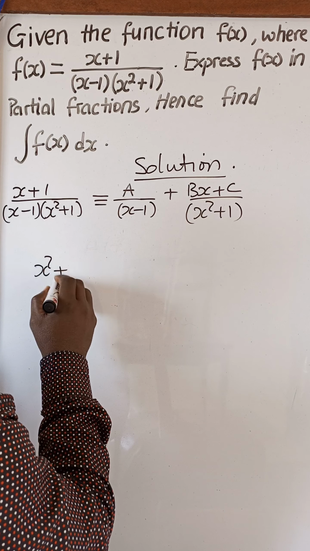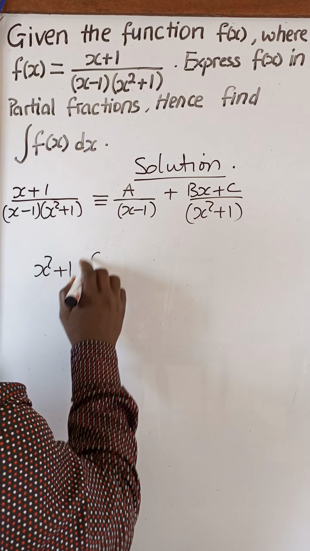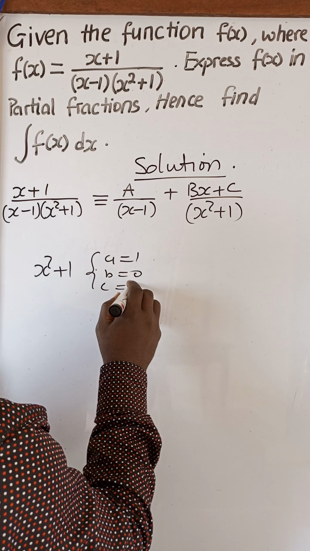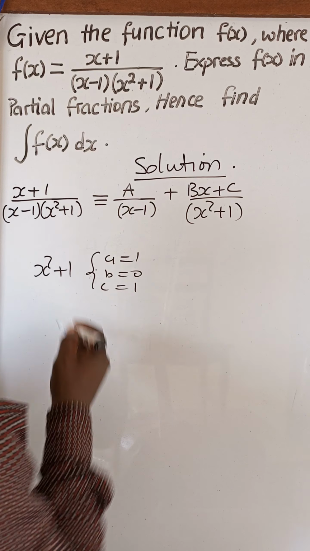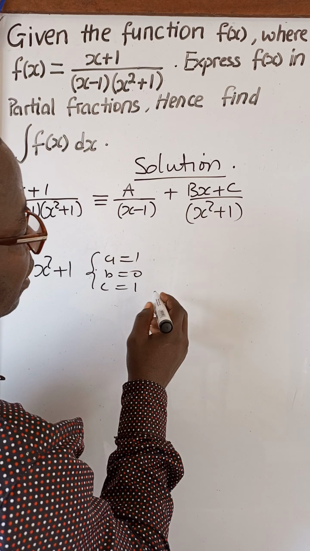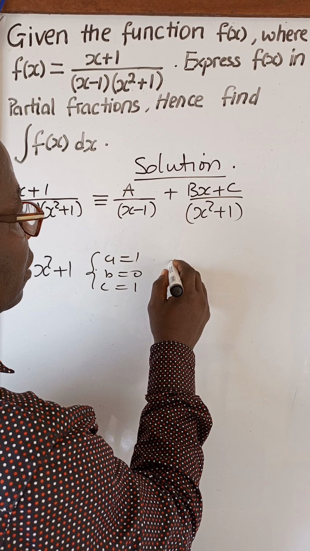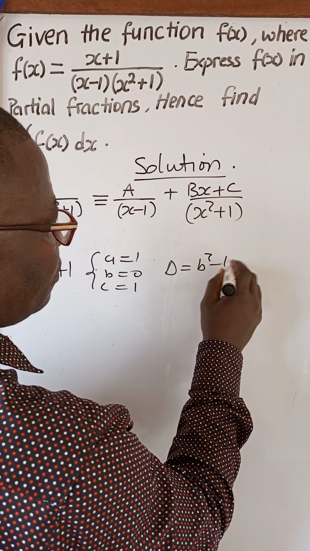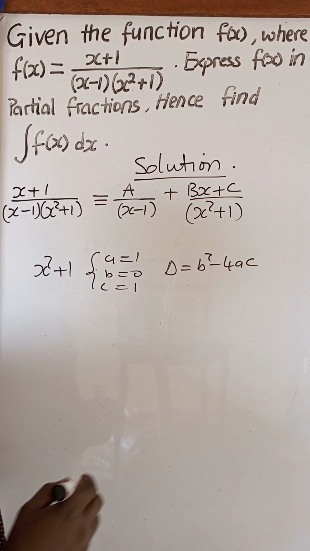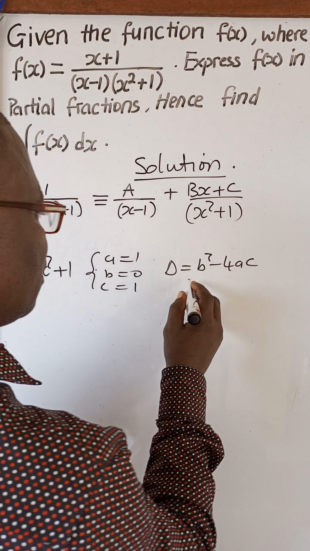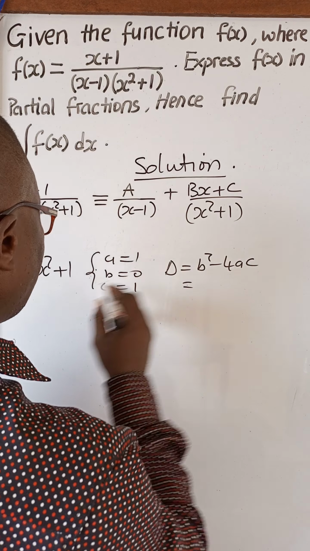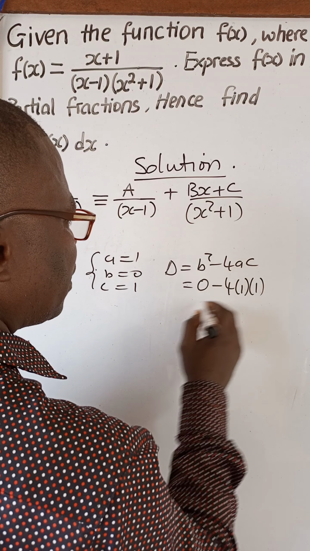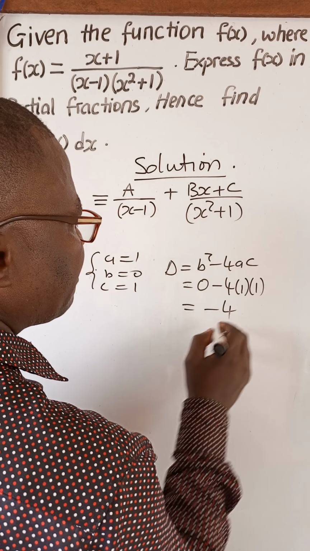You see, it's a quadratic, and from here, we know that a is 1, b is 0, c is 1. For this to be able to give us simpler factors, the discriminant must be greater than or equal to 0. So if we look at the discriminant, we have 0 minus 4 into 1 times 1, and so we end up having negative 4.